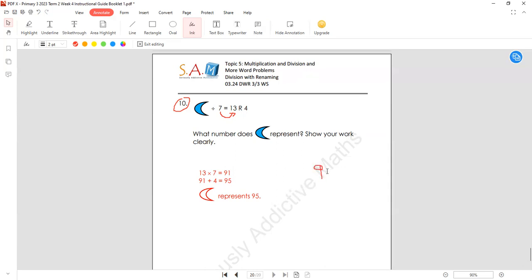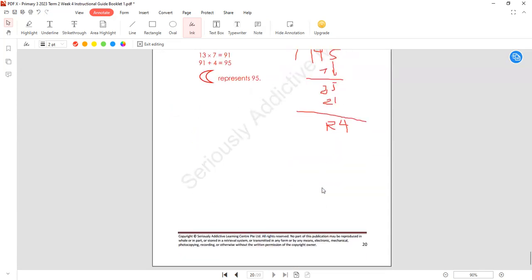To convince them, let's ask them to test whether it's correct. So 95 divided by 7. What did they get as an answer? 13, with 3 times 7 going 21, and then there's a remainder of 4. Show them that way.